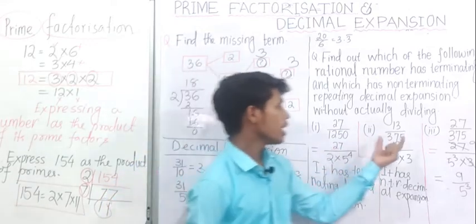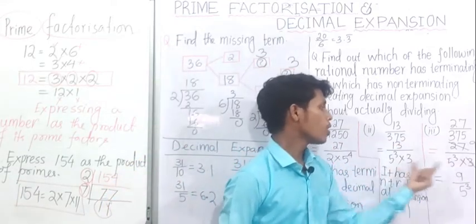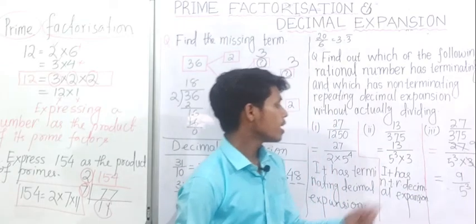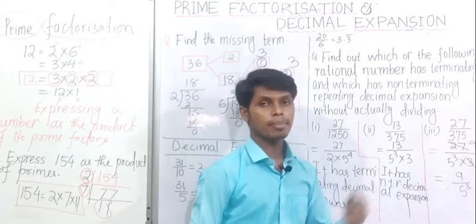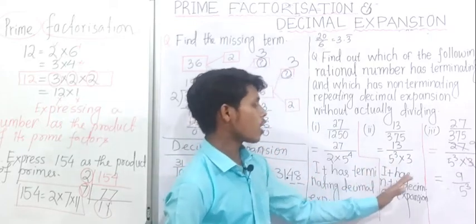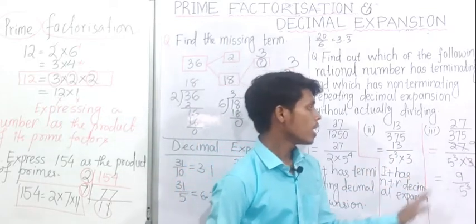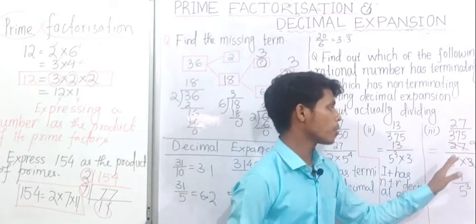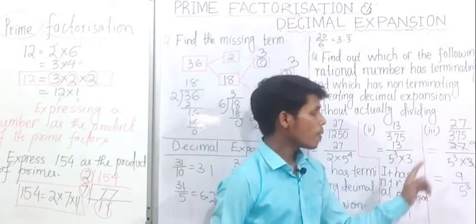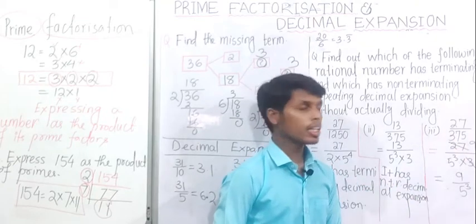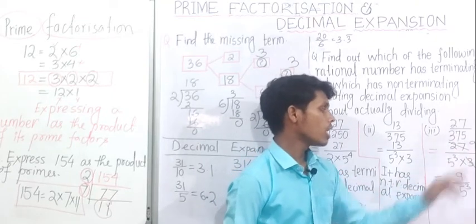We can see this second and third example to be very clear. Here there was 5 cubed and 3, and 3 cannot be cancelled by 13. So it has non-terminating repeating decimal expansion. Here we have 27 by 5 cubed and 3, the same denominator as the previous one, but here 3 can be cancelled out by 27 as 3 9s are 27.